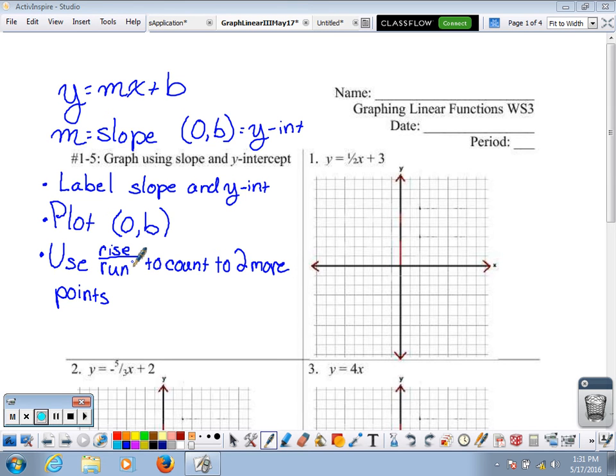Now, Brandon here is going to graph number one using the slope and the y-intercept.